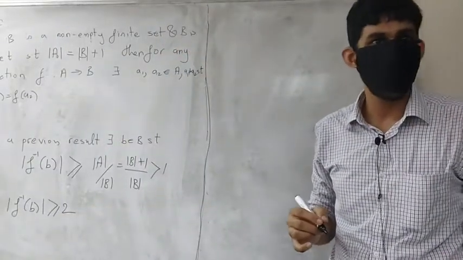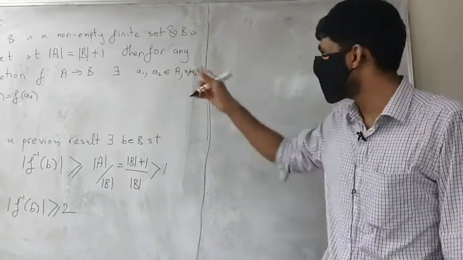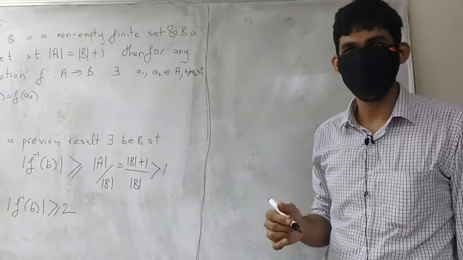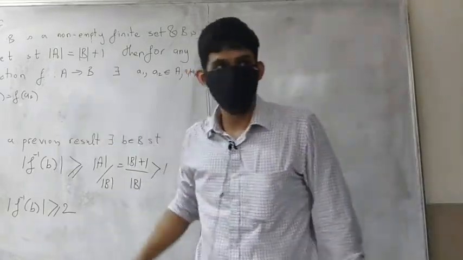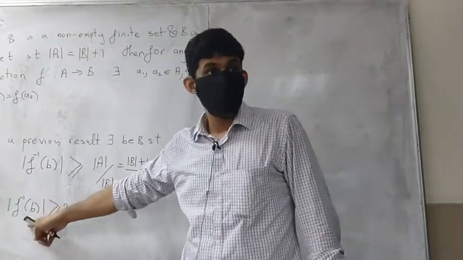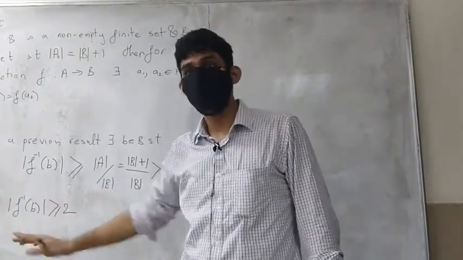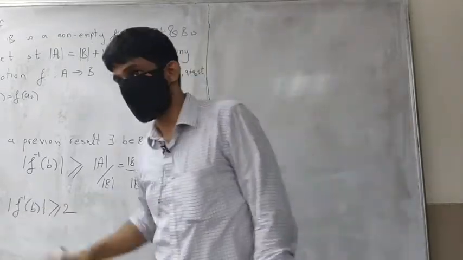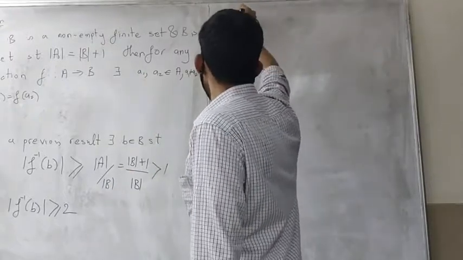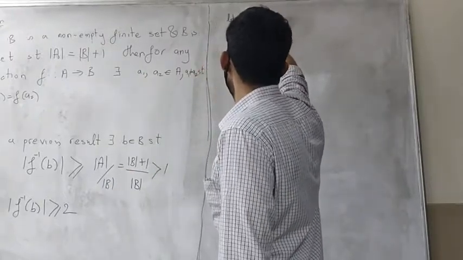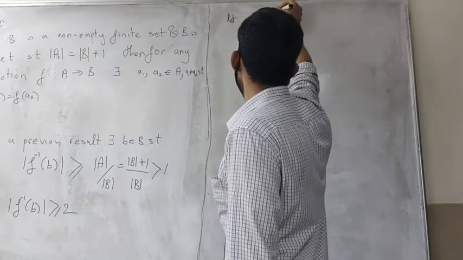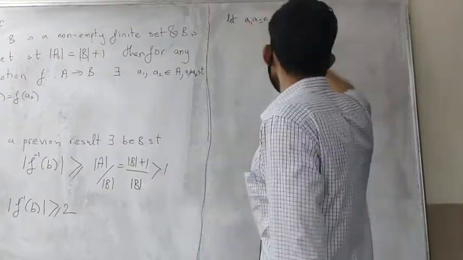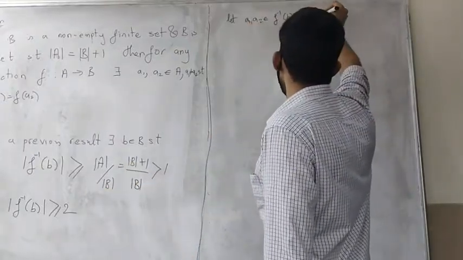Why? What will you take this A1 and A2 to be? They are two distinct elements of the set f inverse of b, the set containing all the pre-images of b. So we take A1, A2 in f inverse of b such that A1 is not equal to A2.